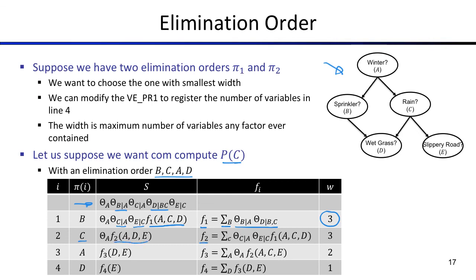So factor F2 is the multiplication of this factor and also factor F1. And so it's going to mention A, C, D, and E, but after the elimination of C, it will only mention A, D, and E. And again, we continue doing that. We register that this new factor F2 is over three variables, and we continue the process.